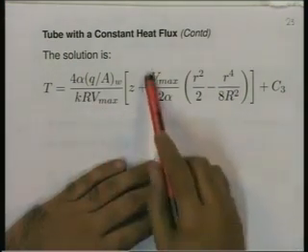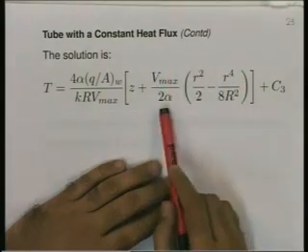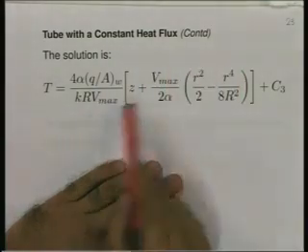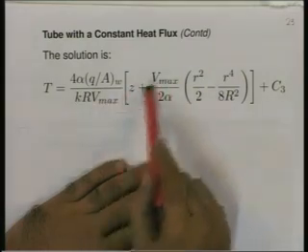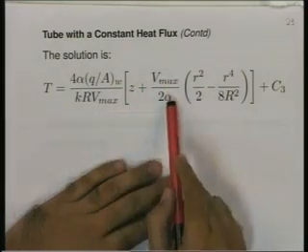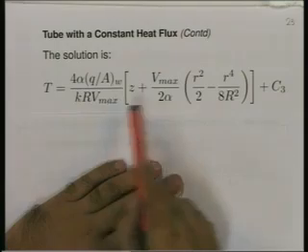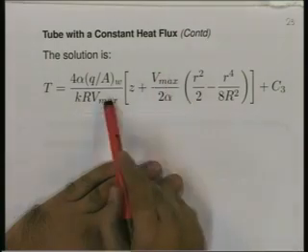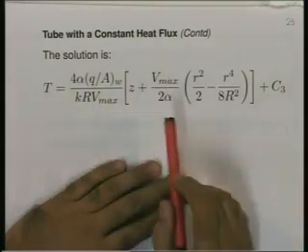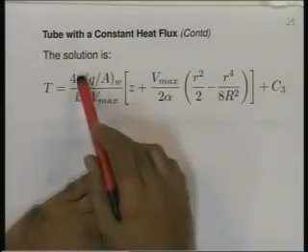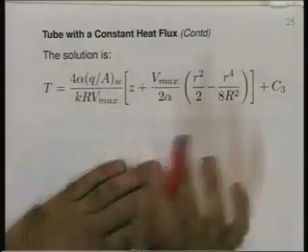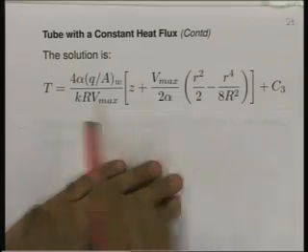Whereas the second term, which is a function of r, does not depend on Vmax. This Vmax cancels out, alpha also cancels out. So, it does not depend on the flow rate. It does not depend on alpha, so it does not depend on rho or Cp, but it will depend on k.